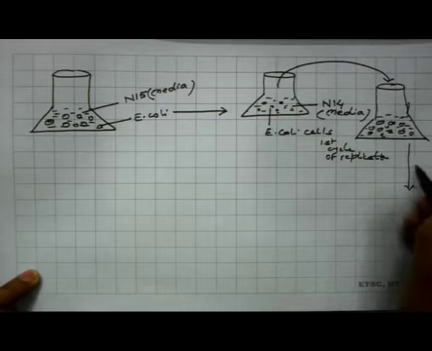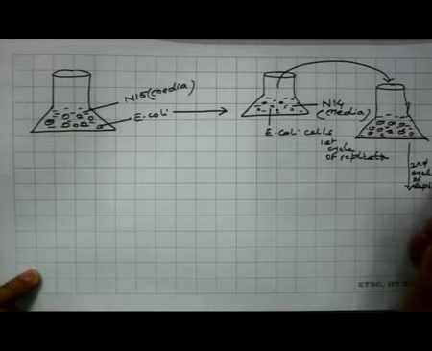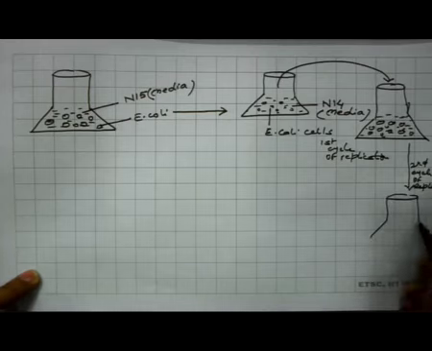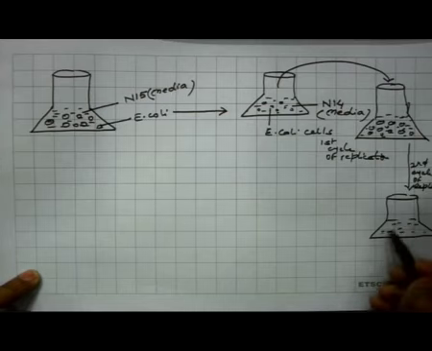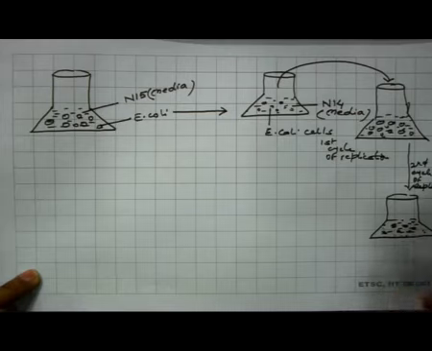And again in the second cycle of replication, they took cells, isolated the DNA and separated the DNA on cesium chloride density gradient centrifugation.